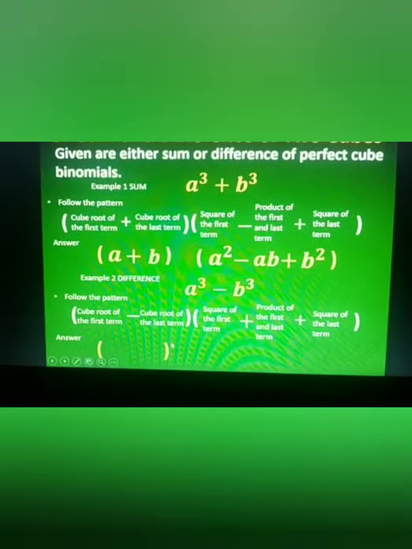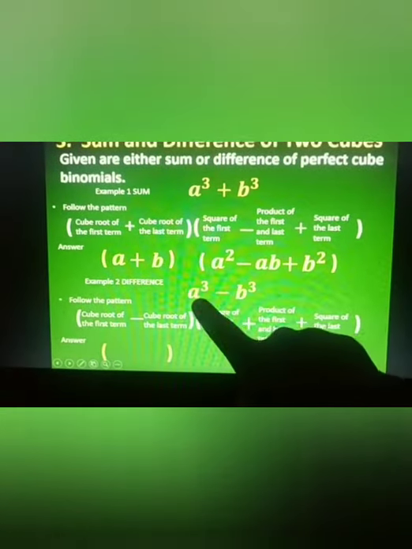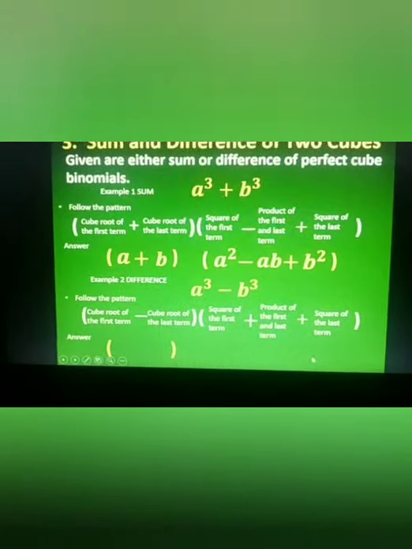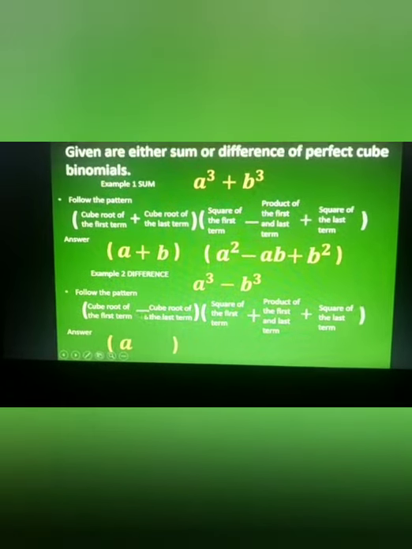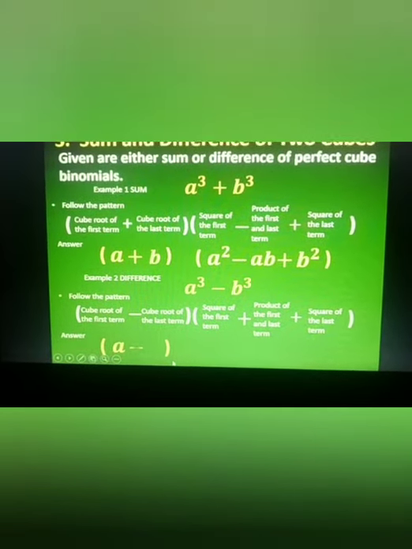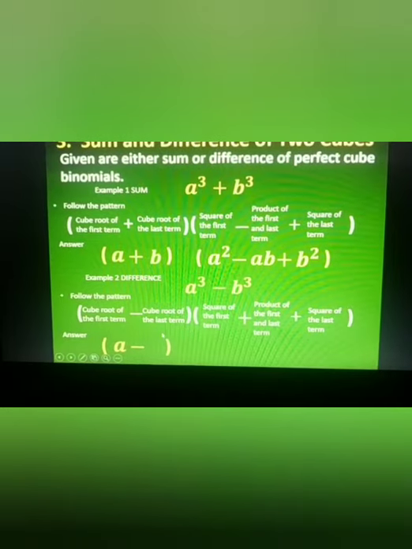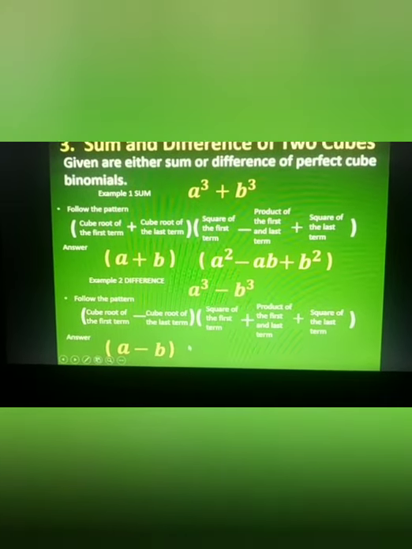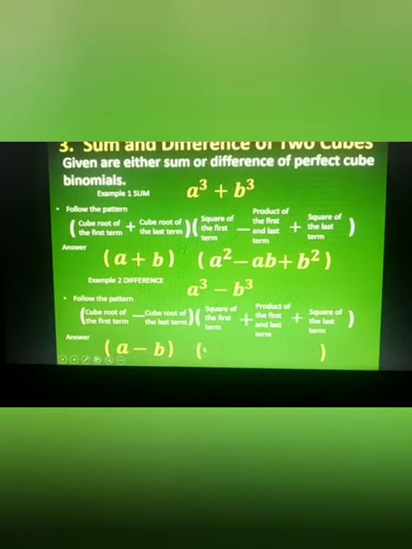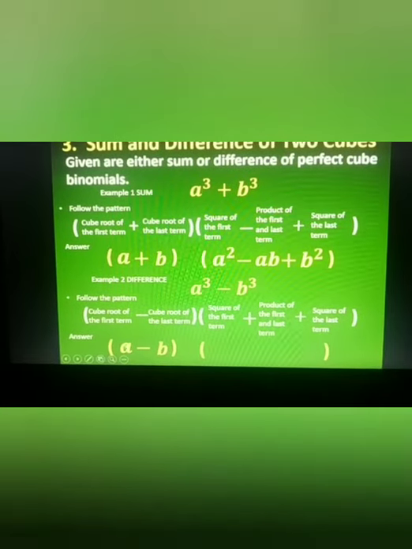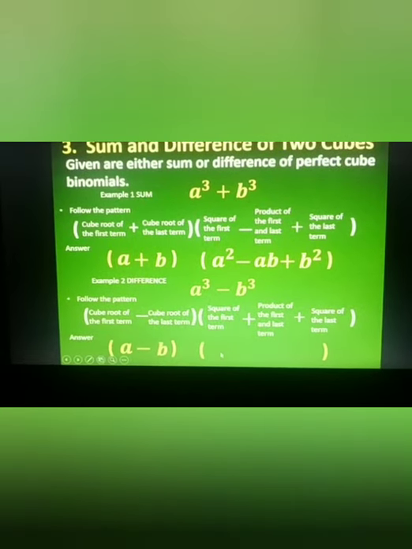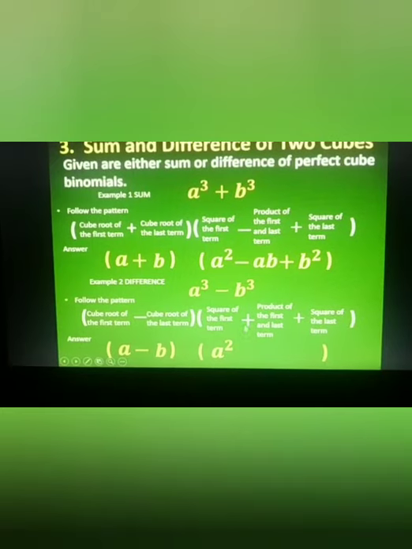Parenthesis. Prepare your parentheses. Okay, cube root of a cube. The answer is a. Right? Copy minus. Next, cube root of b cube. It's b. Next, parenthesis again. Square the first term. Since it's the first term, square it. A times a. The answer is a squared. Copy plus.